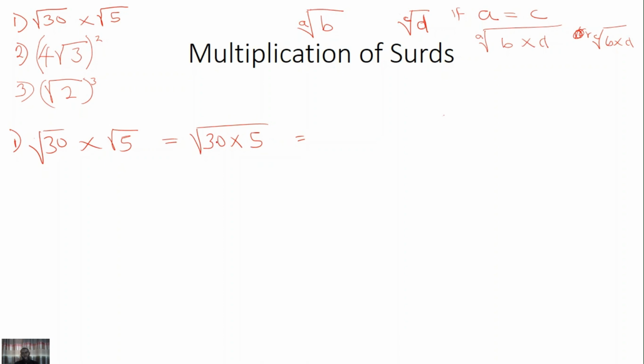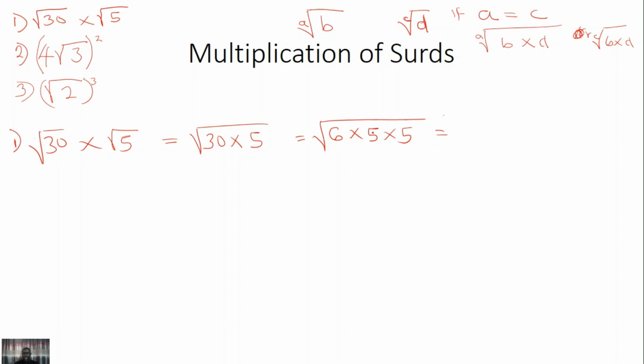Now, how do you simplify this? This can be 6 times 5, which is equals to 30, times 5, square root. And with this, you can simplify this.